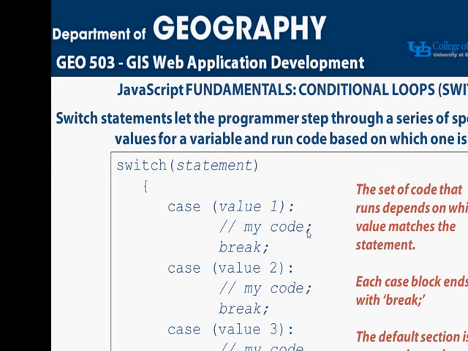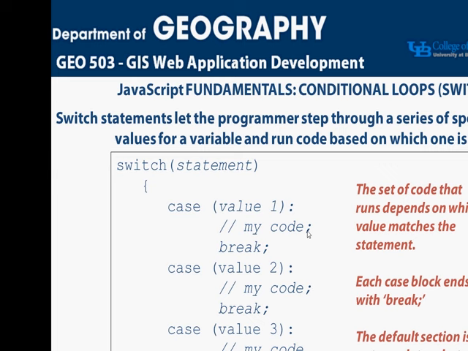So we start out with switch in lowercase, and there's this statement. This is a variable, and I'll do an example of this too. That'll make this clear. The variable for the switch statement is in between the brackets, like we see over and over. Within a switch statement, we have cases.